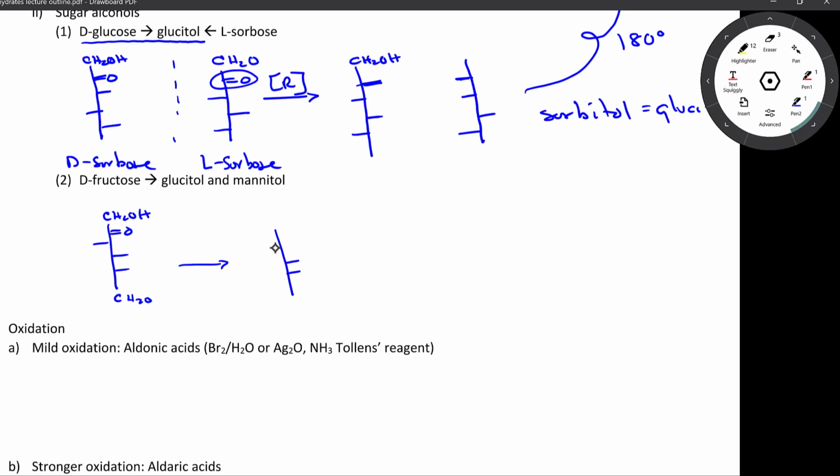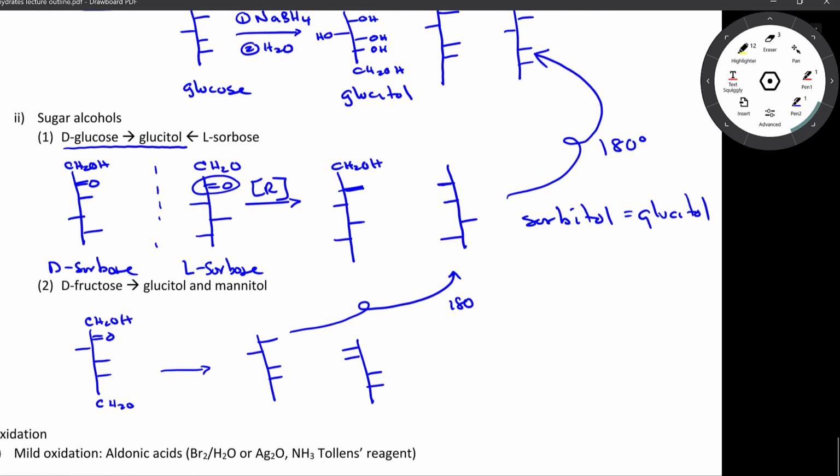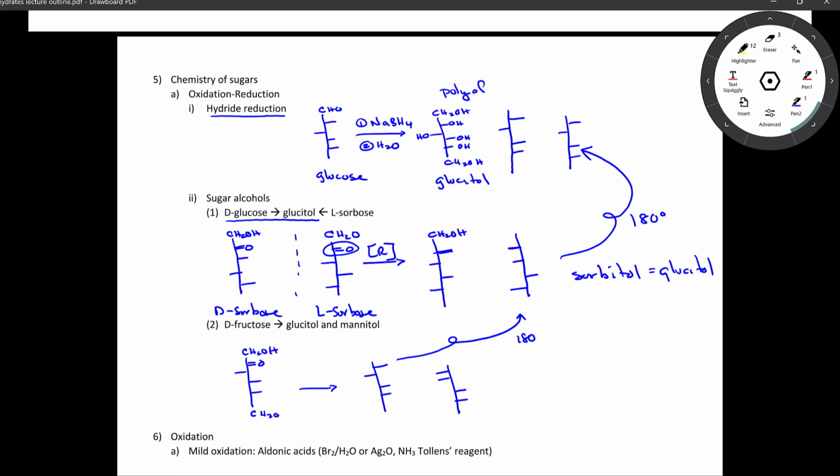I gotta get my mirror images all straight here. This, or you can do this. And you see, if you flip this 180 degrees, that gives us sorbitol. But you can all just go up to here and compare between here and here, and it's the same structure, right? So it's a little tricky with these sugar alcohols, knowing how they're all related to each other.